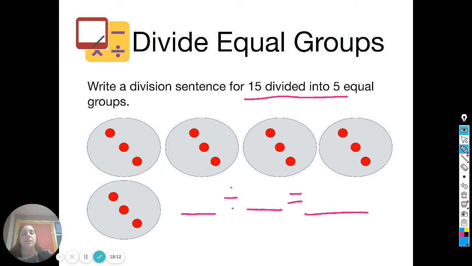Remember, in division, the biggest number or total always comes first. So this first one's going to be 15. We have 15 dots. It wants us to divide them into 5 equal groups. So 15 dots divided into 5 equal groups equals 1, 2, 3 dots per group. 15 divided by 5 equals 3.